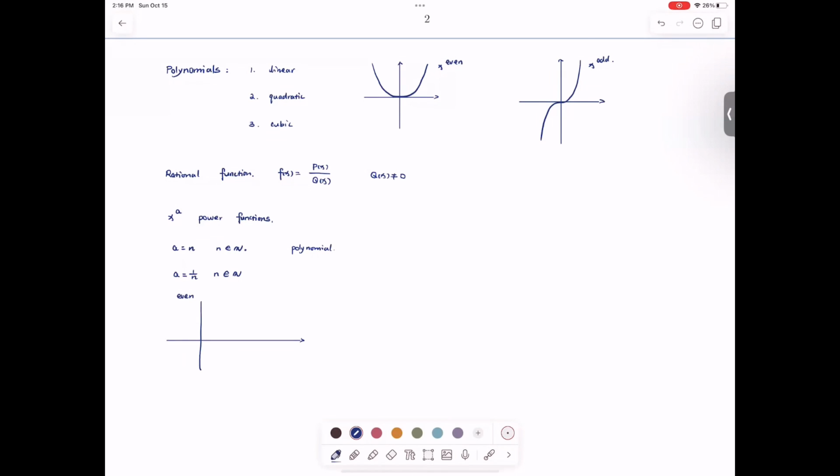The square root function looks kind of like this. This is when it's even. When it's odd, it looks like cube root. Cube root doesn't care if your x is positive or not anymore. Again, I'm really bad at drawing, but it kind of looks like this. Cube root.